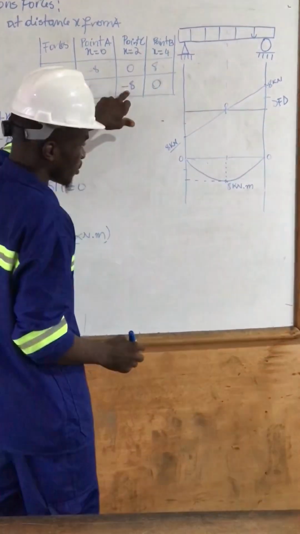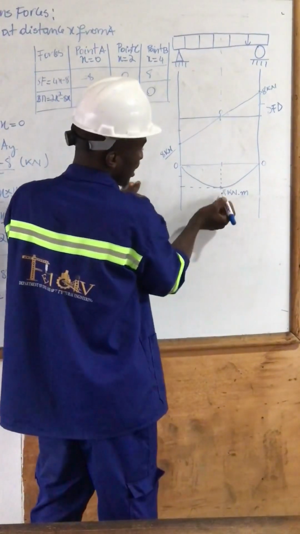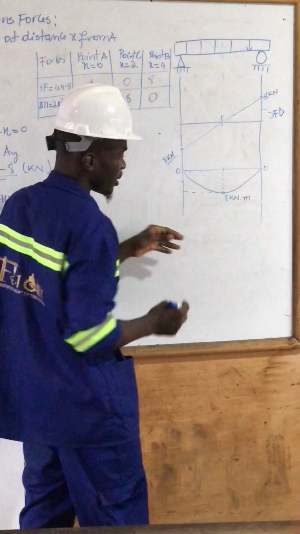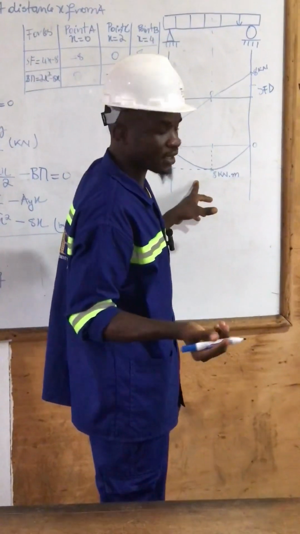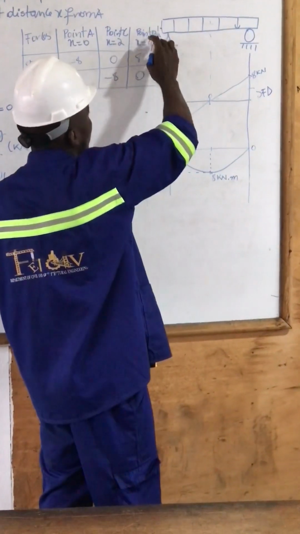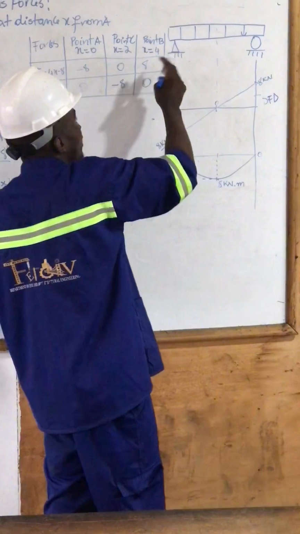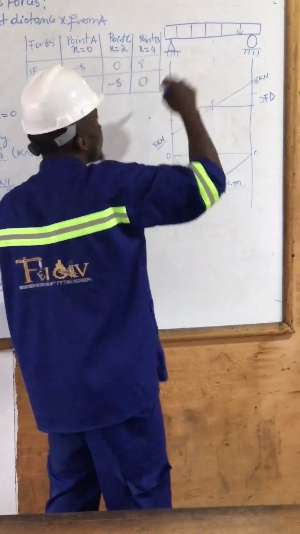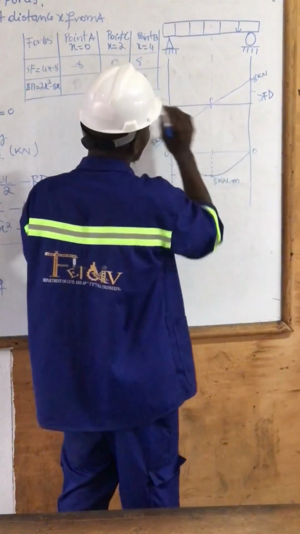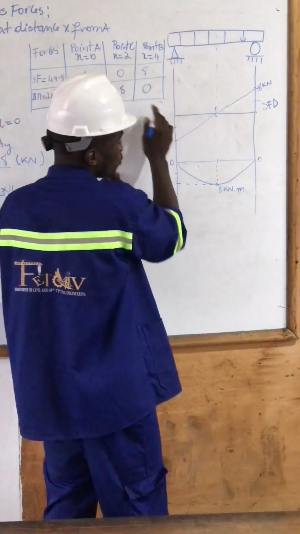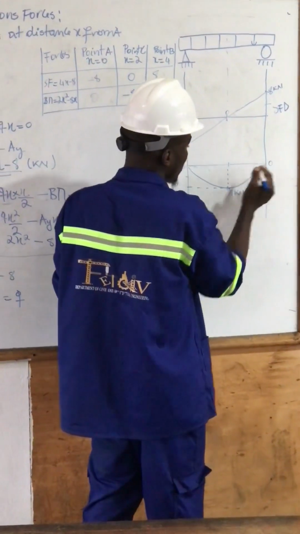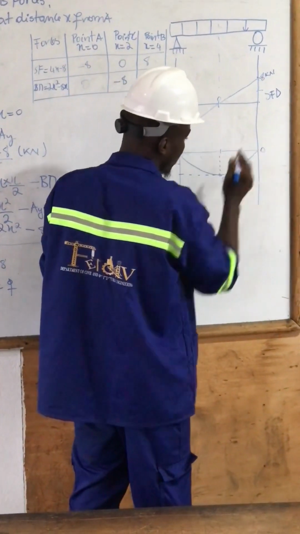That's the negative 8 that is represented here, no need to put the sign again, as I said. And for the third point, point B at x equal to 4 meter, the bending moment will be equal to 0, which is here, and then you just join the 3 points.